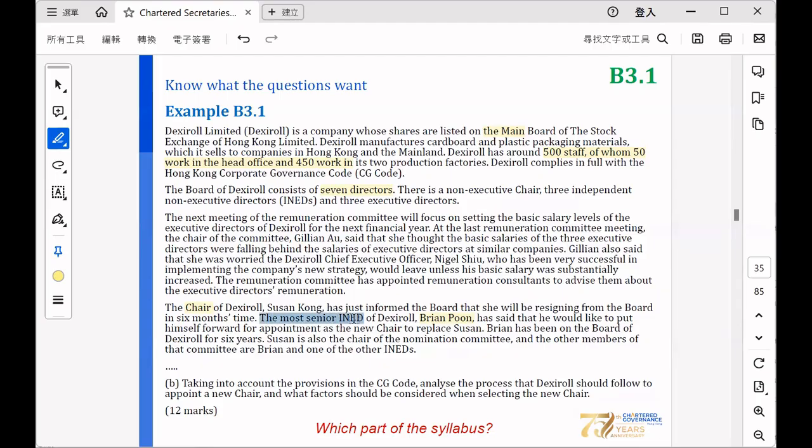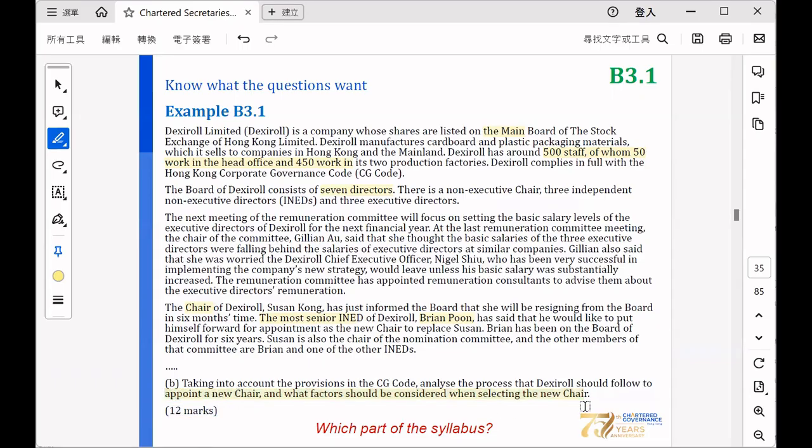So this is the most senior INED who wants to be the chair of the committee. He has been on the board for 6 years, and Susan is chair of the nomination committee. So there's a very long question, with a lot of marks given on the appointment of the new chair.